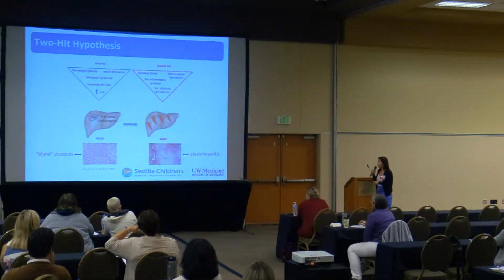But then you probably need a second hit to shift that from bland fatty liver into what actually is NASH. When you're talking about steatohepatitis, you have biopsy-proven inflammation. And once you have NASH, the odds of you evolving into cirrhosis are really high.